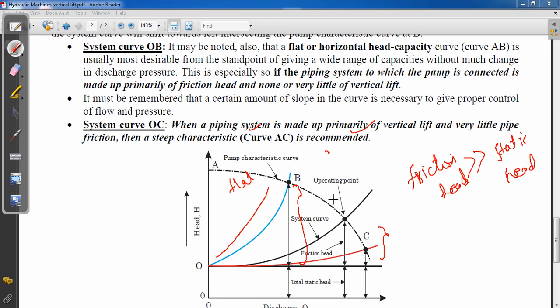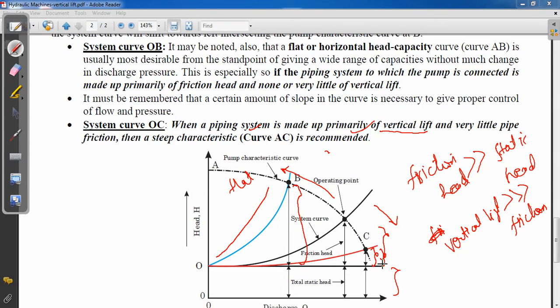So this will shift in this direction. But in the question it is saying primarily vertical lift, which means the condition is that vertical lift is greater than friction head. So this point will shift in this direction, and we see that the friction head is decreasing.